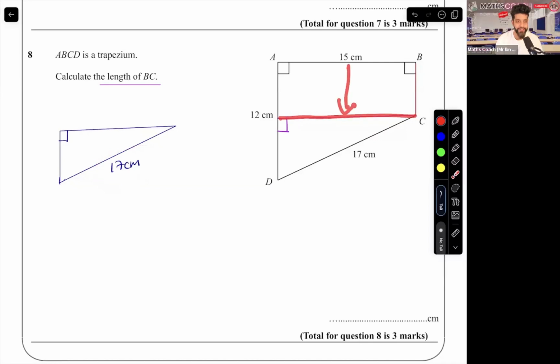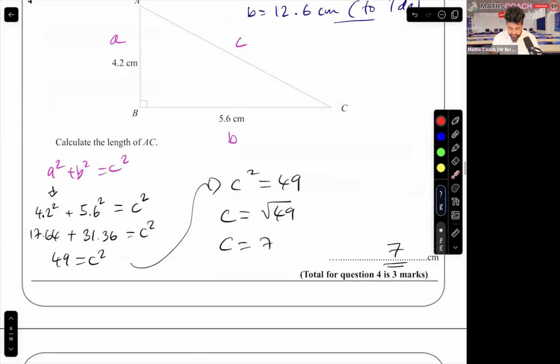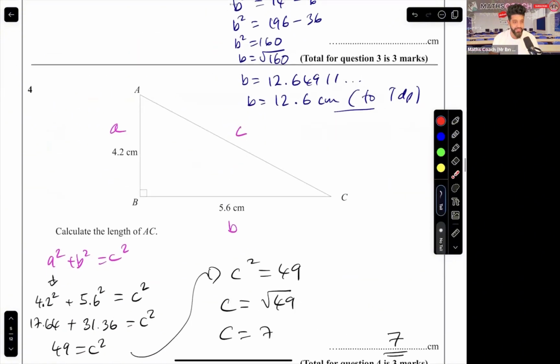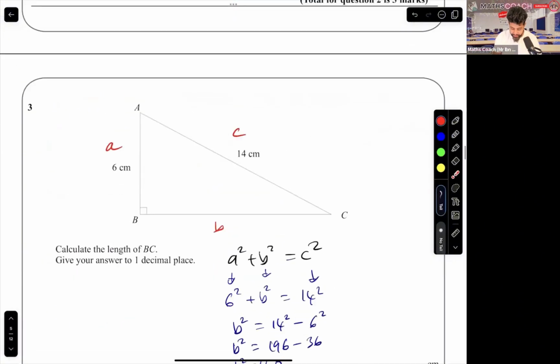So we are going to write here 15 centimeters. Now look, this is a question asking us to find this side here. It looks just like the questions we have been doing all lesson, where we're given two sides and we have to find the third side.